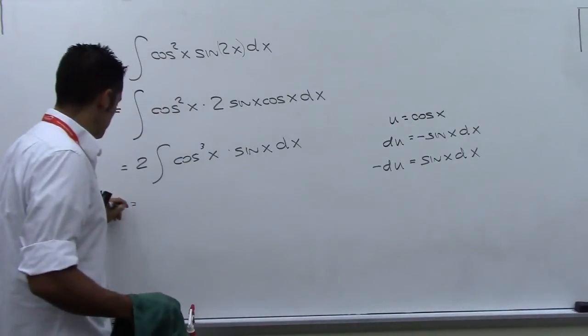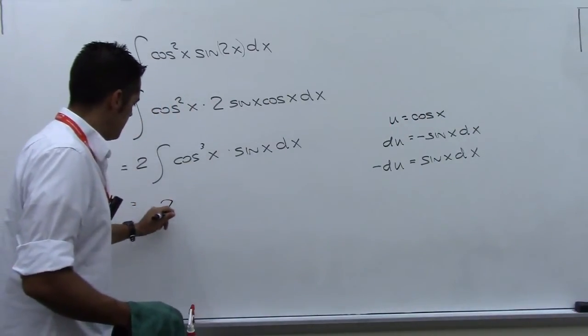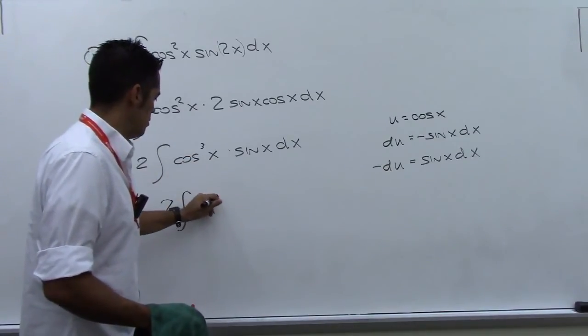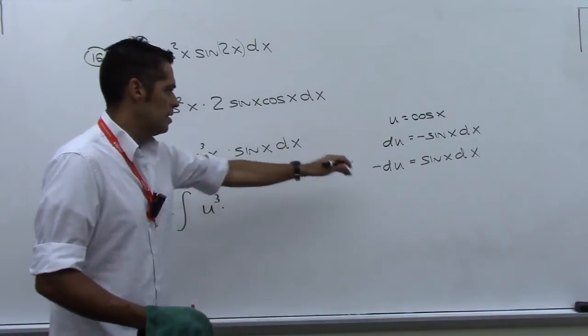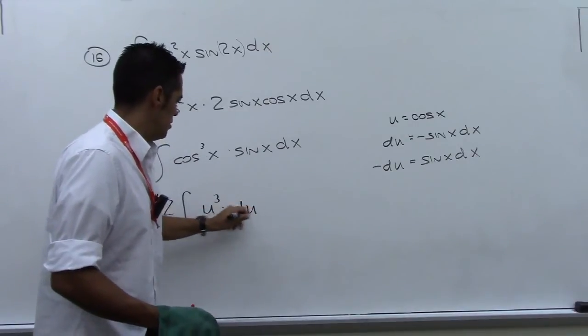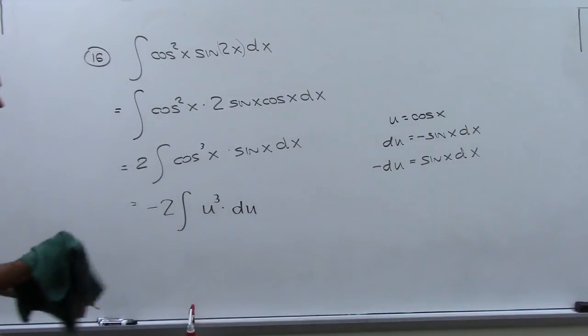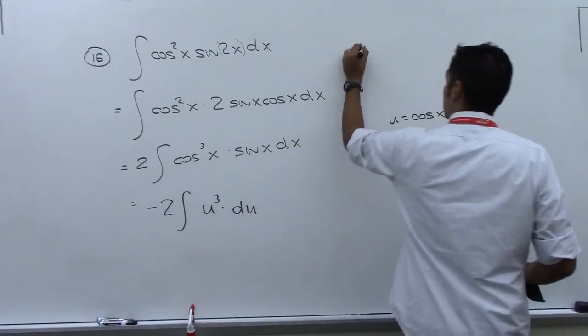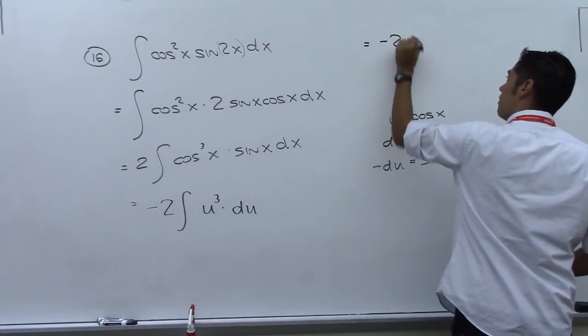This is equal to, I had a 2 out here. Cosine x is u, so u cubed, and then sine x dx is negative du. Here's my du, here's my negative, so it's going to change it to a negative 2. And it doesn't get much easier than that. The antiderivative there, I have a negative 2 out front.